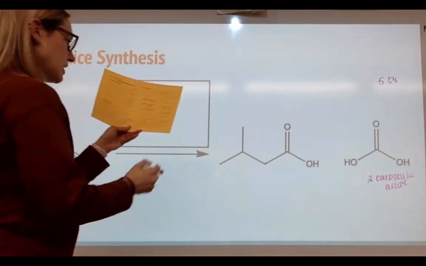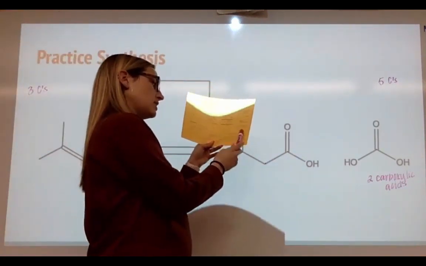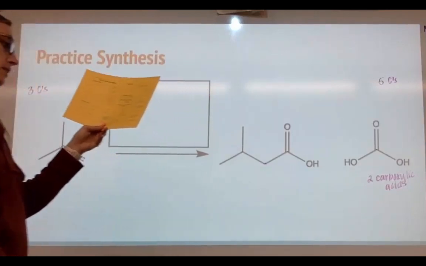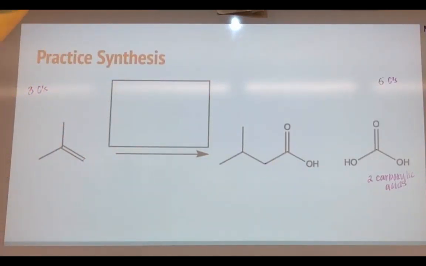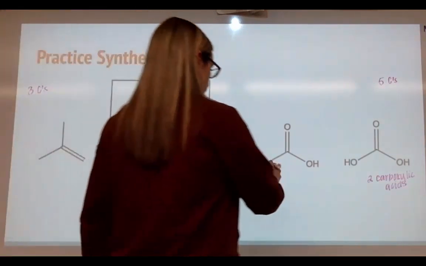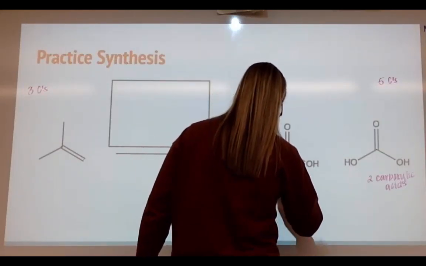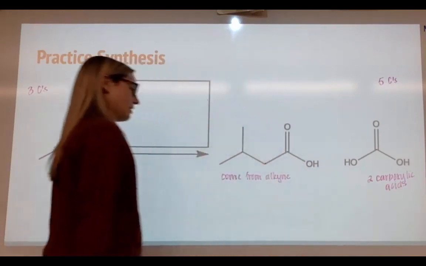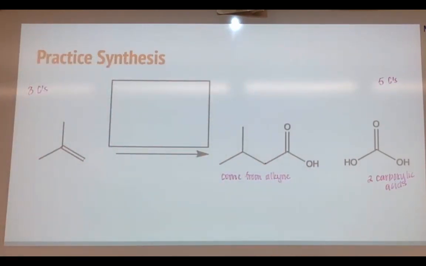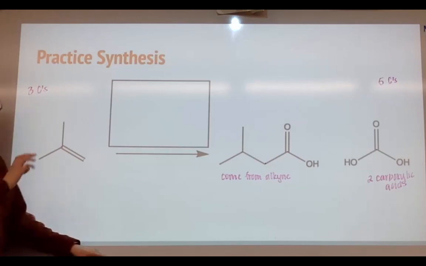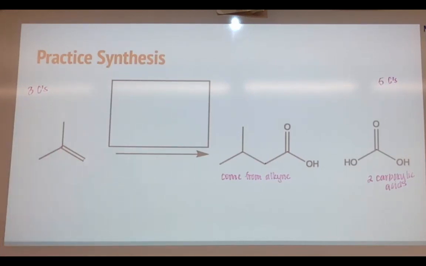I notice that ozonolysis produces 2 carboxylic acids, and so does permanganate oxidation. They both produce carboxylic acids. But to produce carboxylic acids, it has to start with an alkyne. So these products come from an alkyne. Now this synthesis reaction, just to give a hint, is 3 steps.